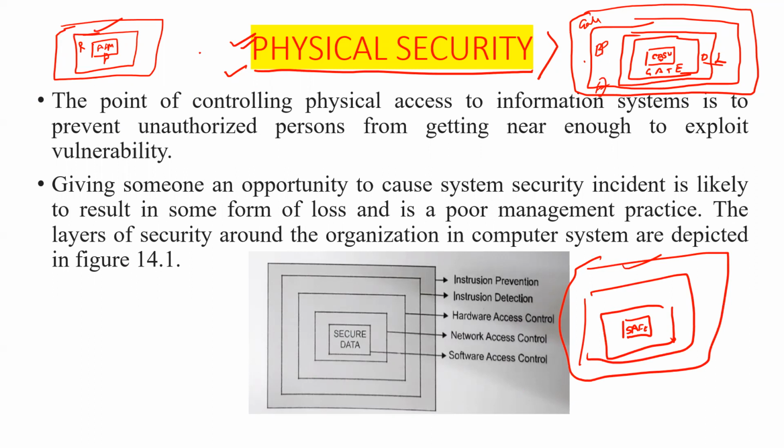Now we have to discuss the different layers under that. The point of controlling physical access to the information system is to prevent unauthorized persons, that is, not authenticated persons, from getting near enough to exploit vulnerability. Giving someone an opportunity to cause a system security incident is likely to result in some form of loss, and it is a poor management practice.